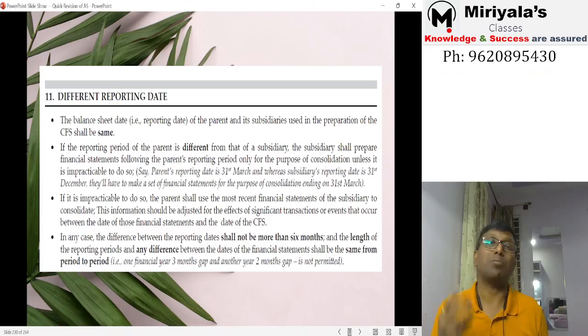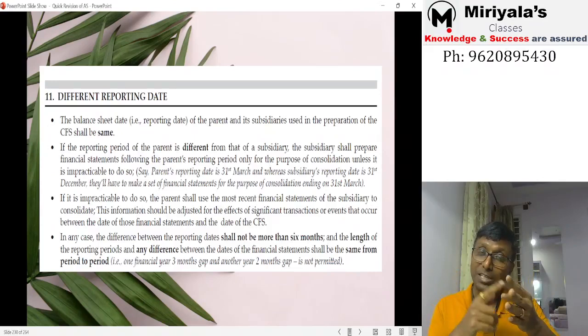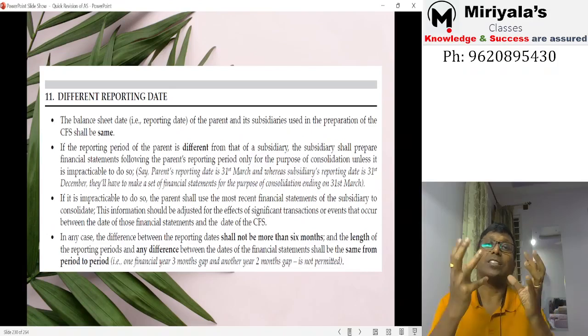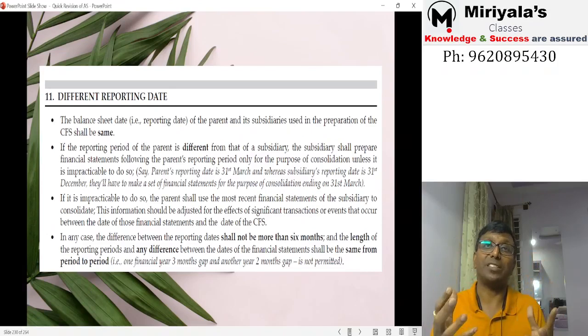Under some circumstances, this is a very small subsidiary, with no big transactions. Under that circumstance, you can consolidate it. But during the gap of 3 months, that is January, February, March, check whether there are any related party transactions between the parent company and the subsidiary. Also any significant event, such as a huge loss, a fire accident, something that has happened.